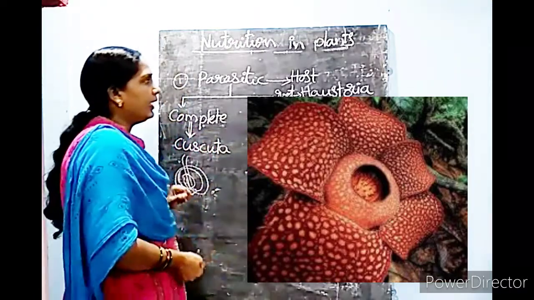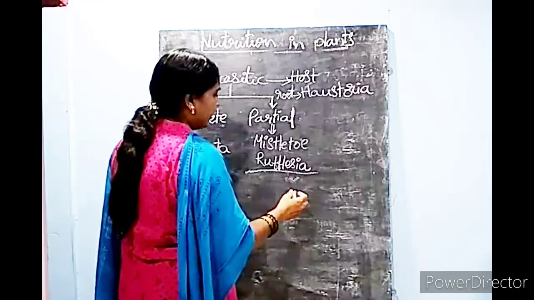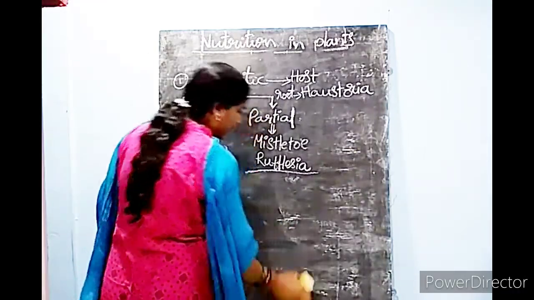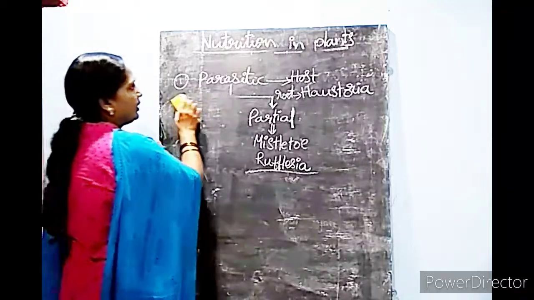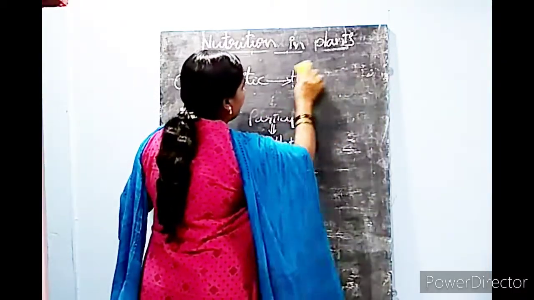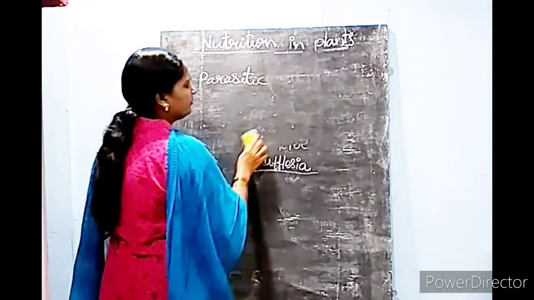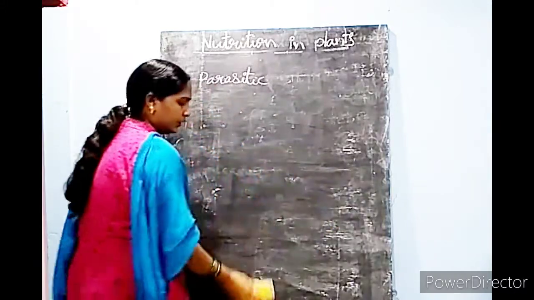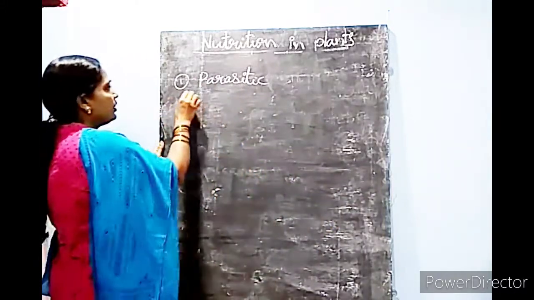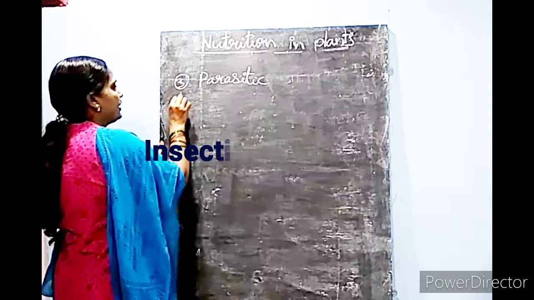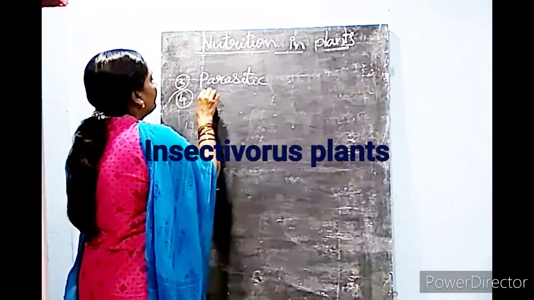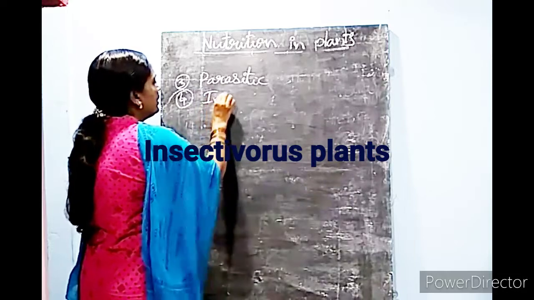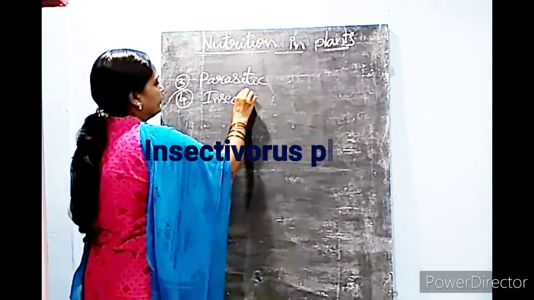Okay, children? And then the next one is insectivorous plants. The next type of heterotrophic nutrition. We are discussing the fourth type of nutrition, that is insectivorous plants.